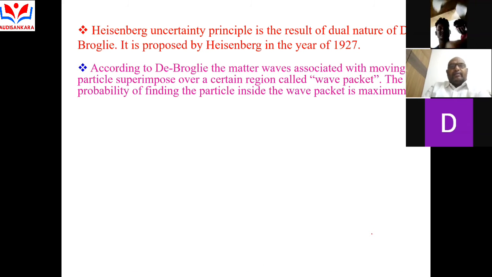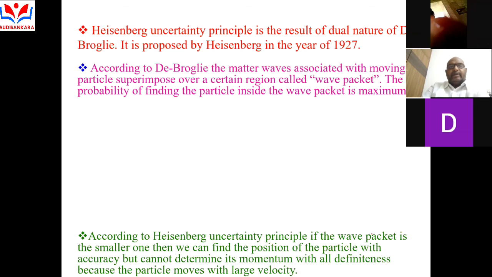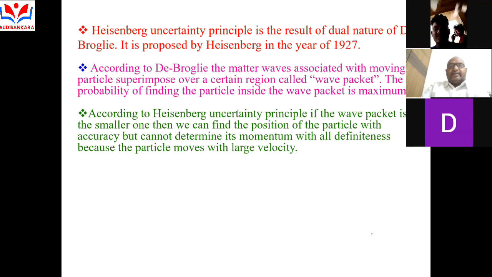According to de Broglie, the matter waves associated with the moving particle superimposed over a certain region is called a wave packet. The probability of finding the particle inside the wave packet is maximum. According to the uncertainty principle, if the wave packet is small, then we can find the position of the particle with accuracy, but cannot determine its momentum with definiteness because the particle moves with a large velocity.